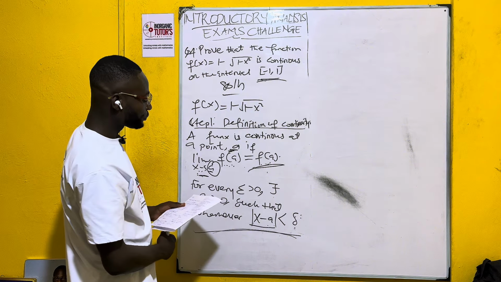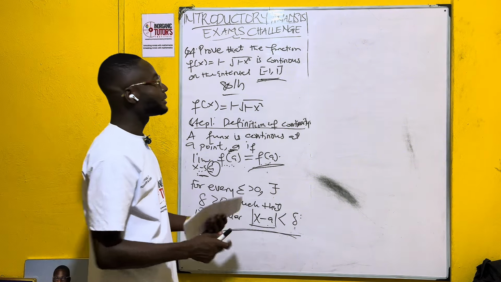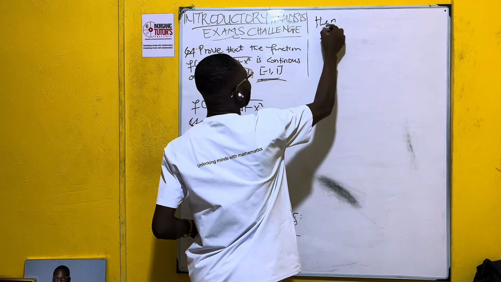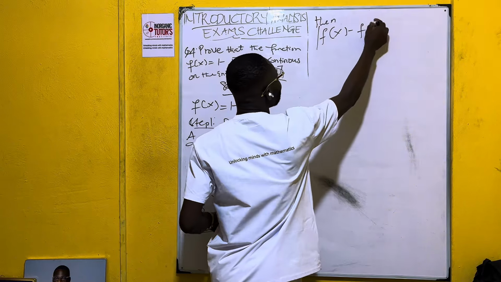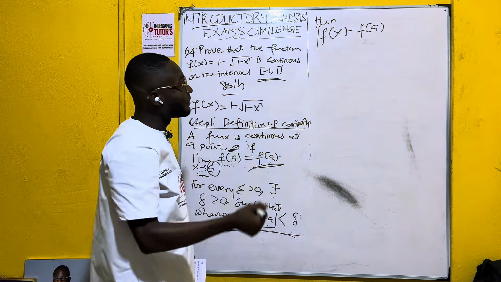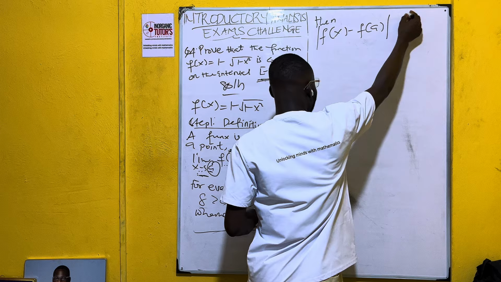So if you state this, then it means that we can say that the absolute value of the function minus the function of the point is less than epsilon.